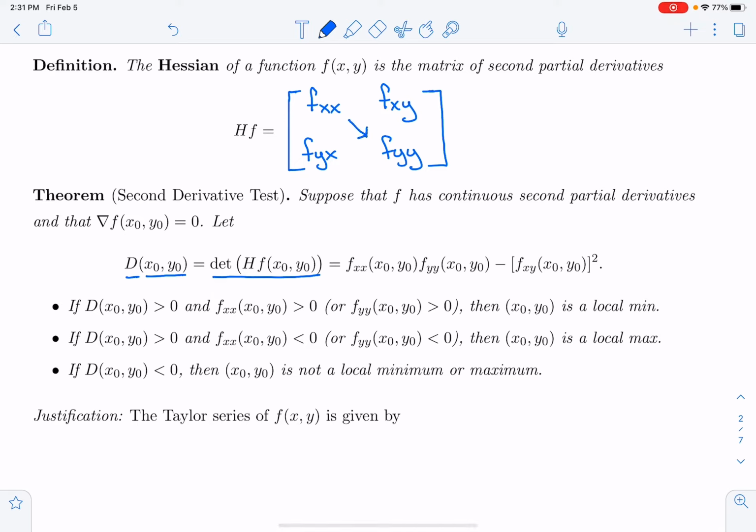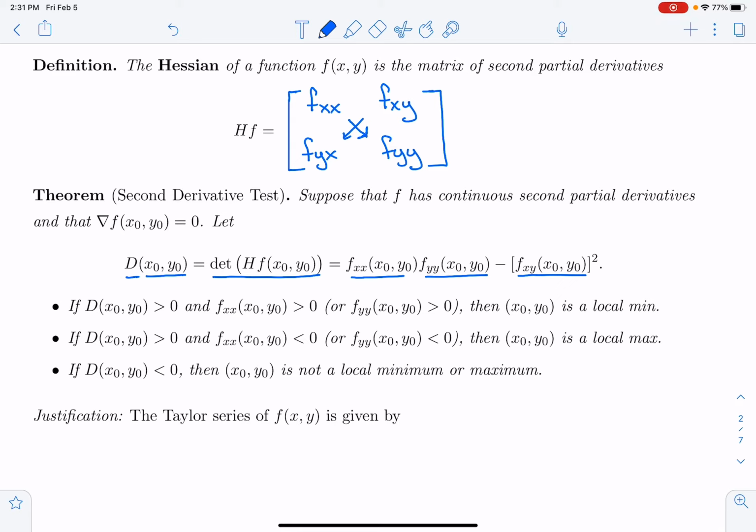We're going to multiply those two together, evaluating them at x0 and y0. And then we're going to subtract the product of the mixed partials, which is why I've written f sub xy squared.